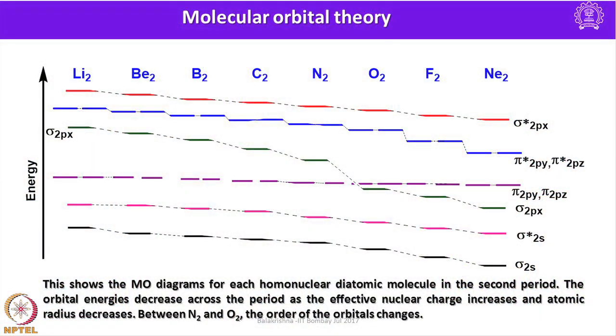Okay. So, this diagram I have shown gives the relative energy of various atomic orbitals, and how they change when they form diatomic molecules, especially for second row elements. Gradually, as we move from left to right of the periodic table, electronegativity is steadily increasing.